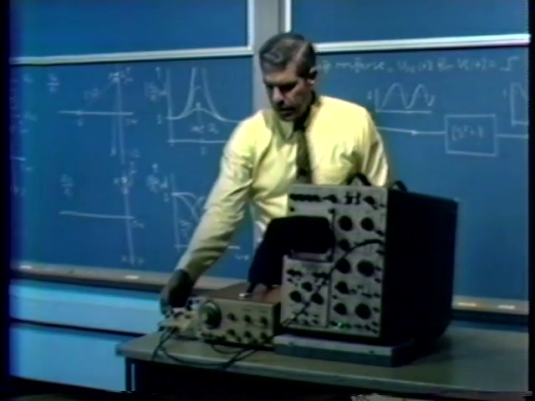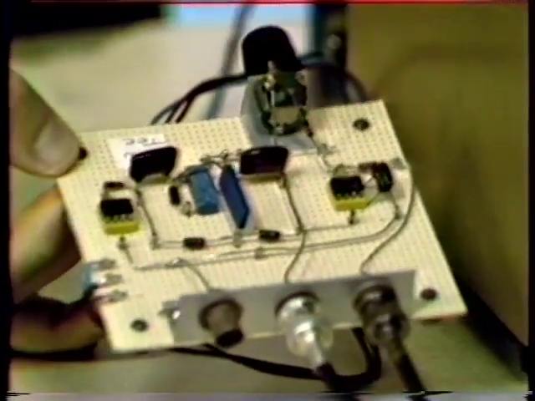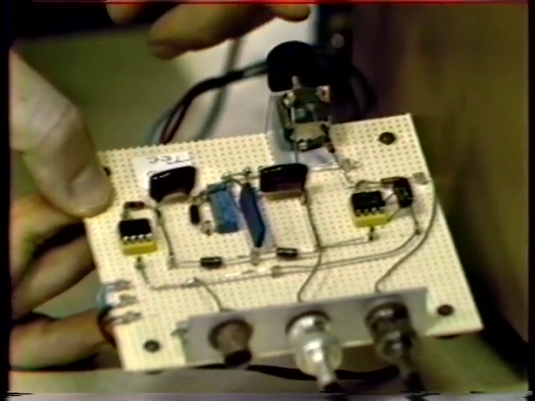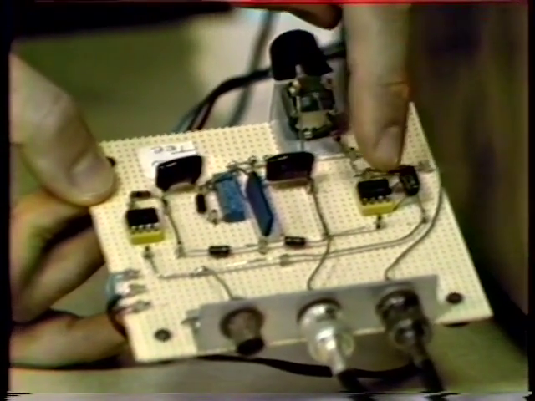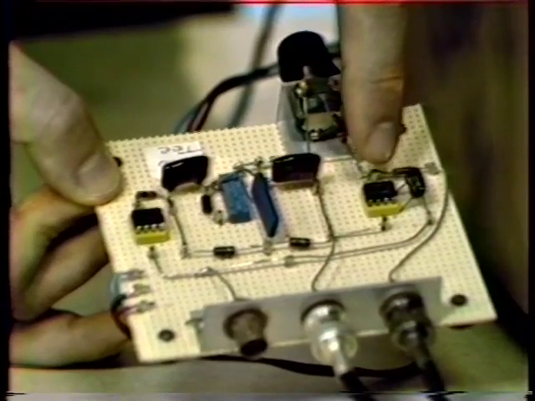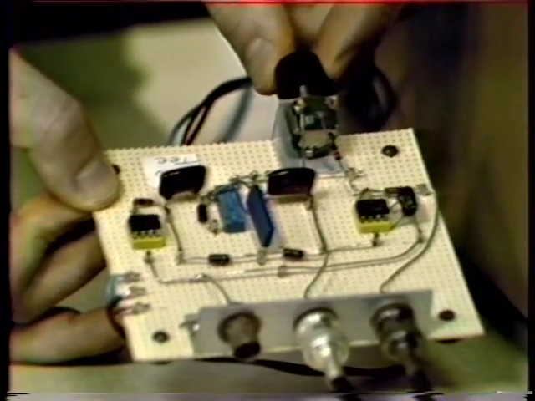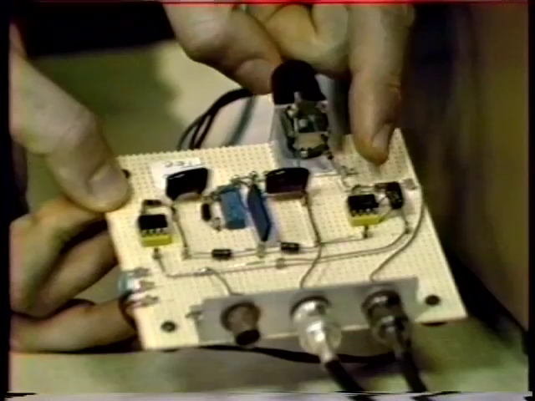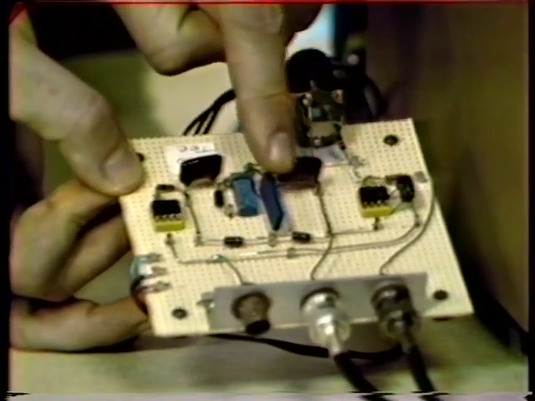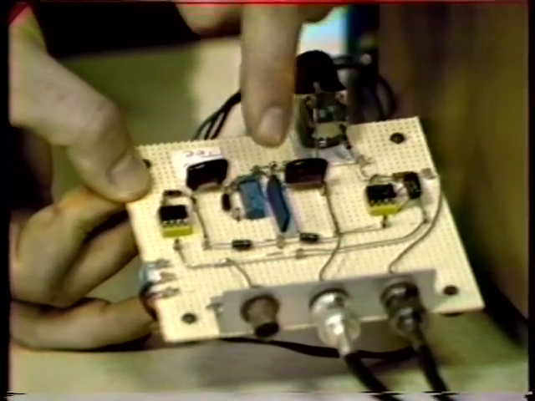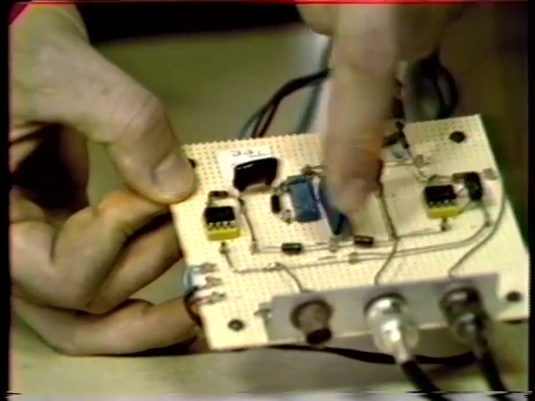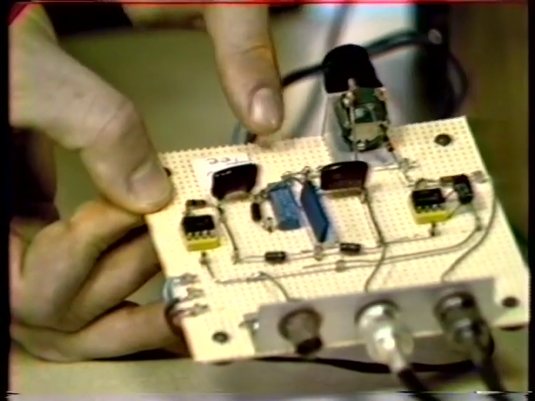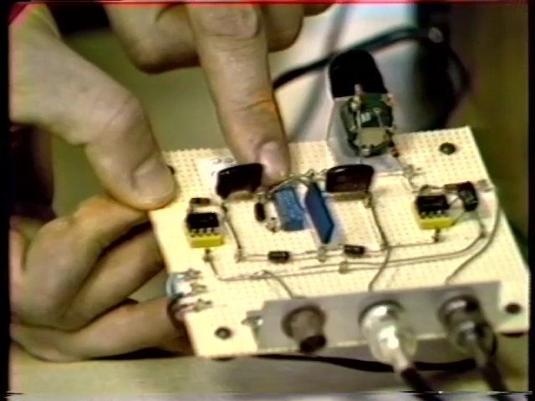What we have here is the rejection amplifier, or the frequency selective amplifier. Here's an op-amp that provides the gain, and we have a potentiometer that allows us to adjust A naught. The frequency selective network is in this region. We have 1, 2, 3 capacitors, 1, 2, 3 resistors, one of which includes a potentiometer.